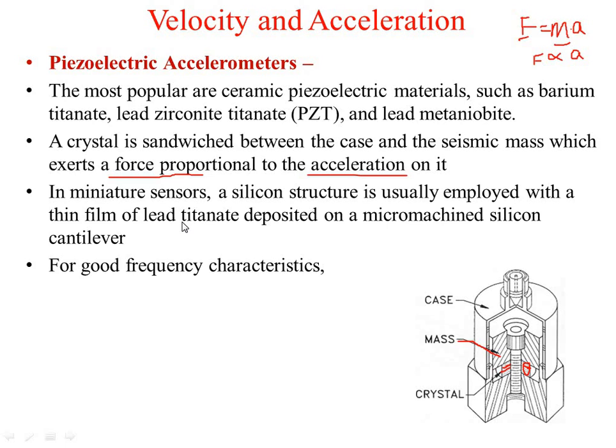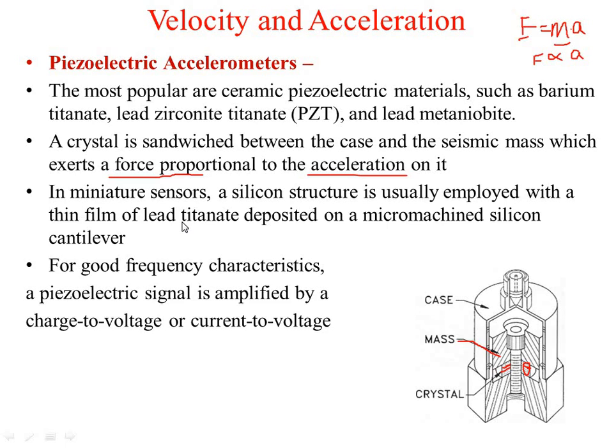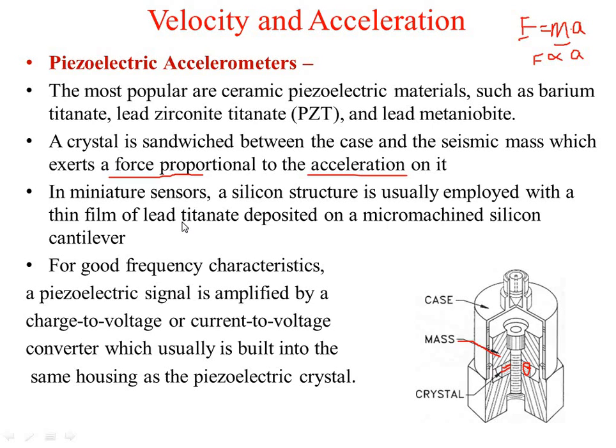For good frequency characteristics, we search for a piezoelectric material whose signal is amplified by a charge-to-voltage or current-to-voltage converter, which is generally built into the same housing of the piezoelectric.